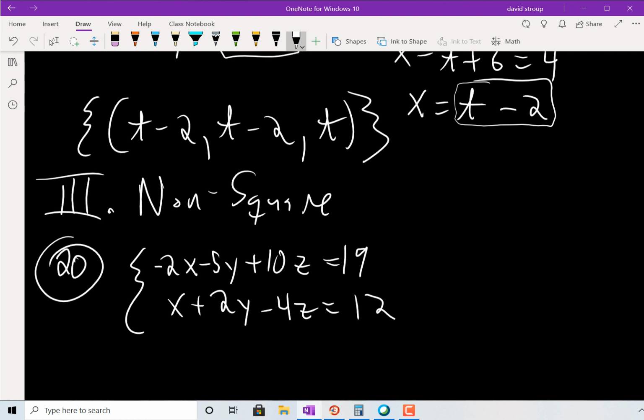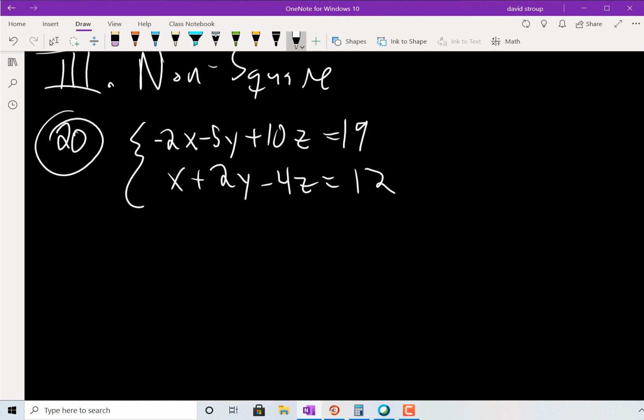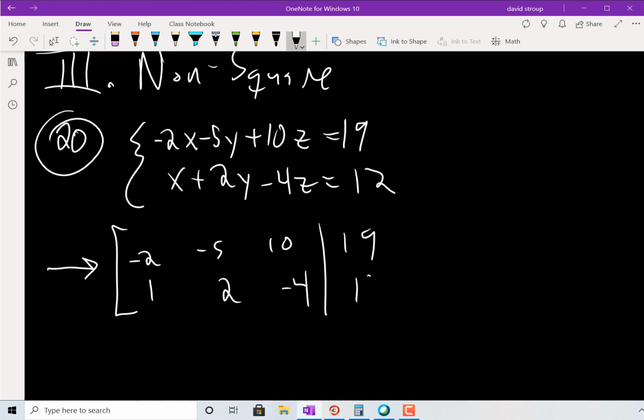And the process is pretty much the same. You just pretend that you're trying to get a square matrix out of it somehow. The matrix is 2, -5, 10, 19, 1, 2, -4, 12.